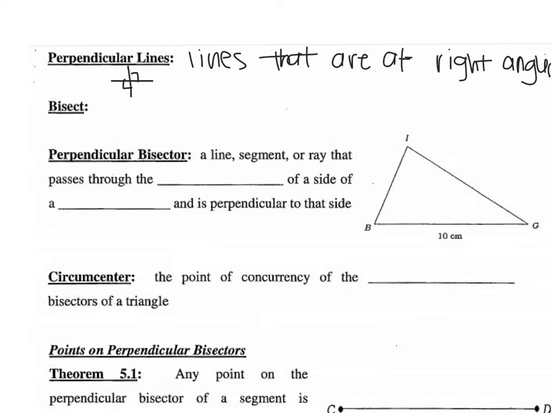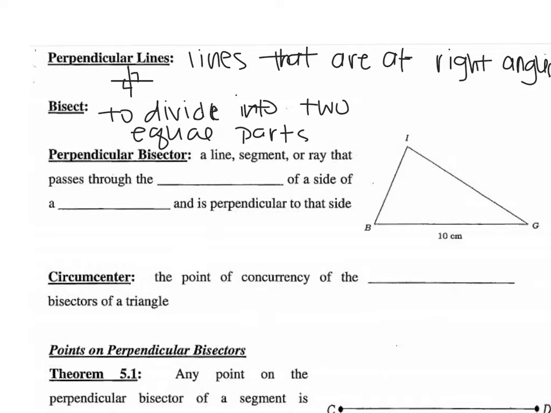And then for something to be bisected, it means to divide into 2 equal parts. So for something to be a perpendicular bisector, it combines the two.